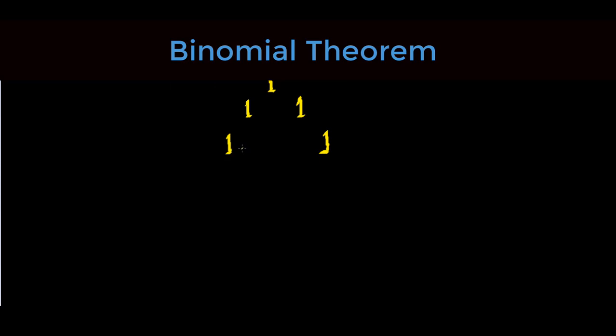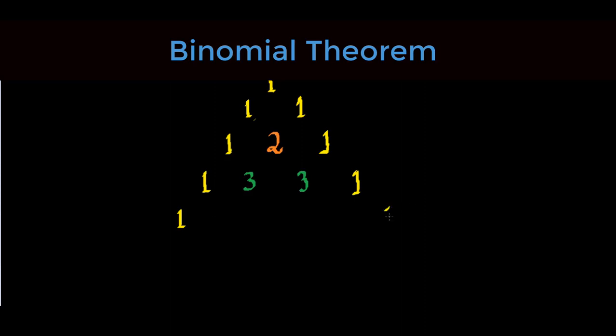We only write the 1 on both sides, and we add this 1 and this 1 together to get 2. Then the next step, we add this 1 and 2 to get 3, and 2 and 1 to get 3.